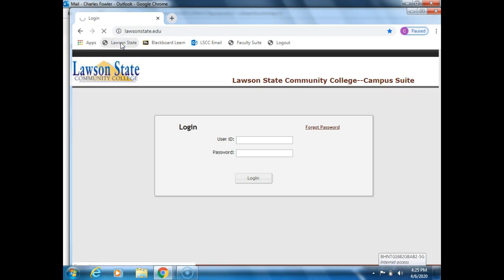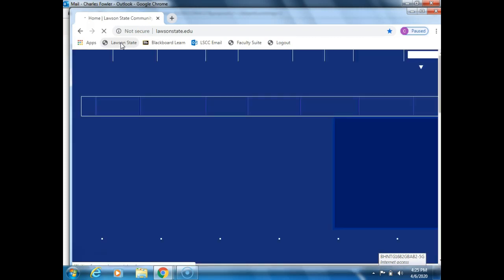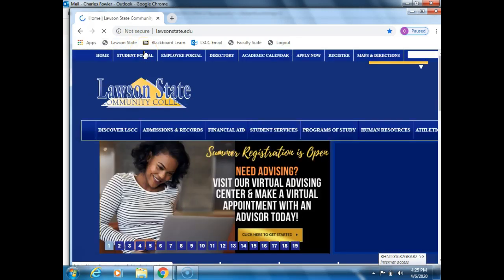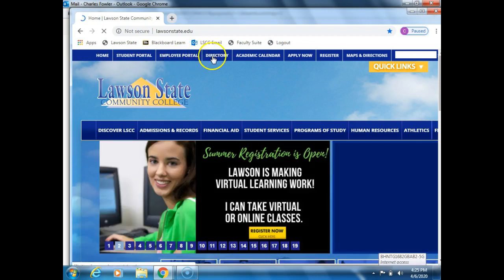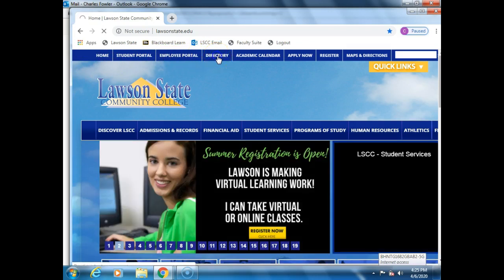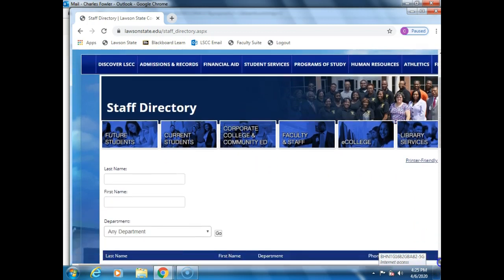Okay, I'm going to go to the Lawson State webpage now. I'm going to try to go there. My computer is so slow, it's walking there. Okay. When you go to the Lawson State webpage, at the very top of the page, there's a bunch of blue tabs. And the fourth one over says directory. Okay, I'm going to click on that. And then it has last name. That shows up.